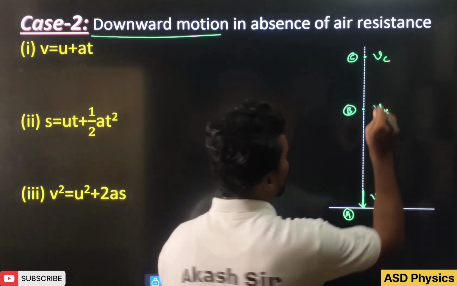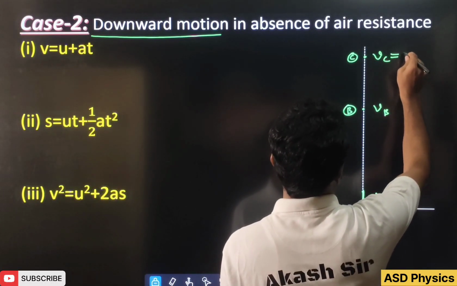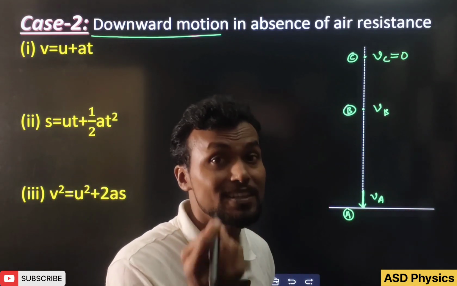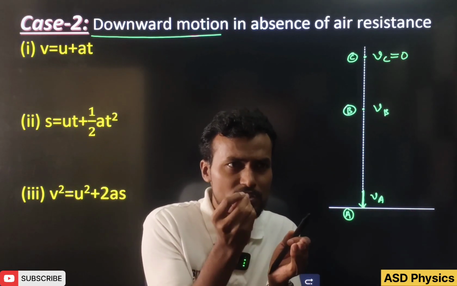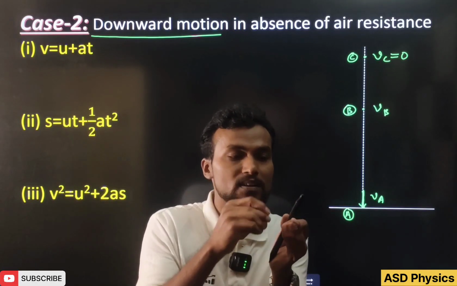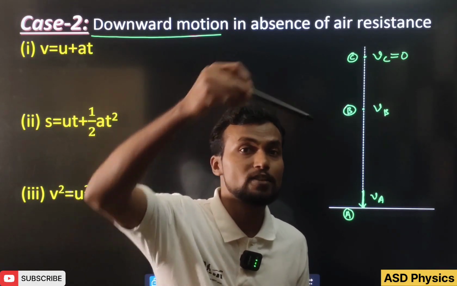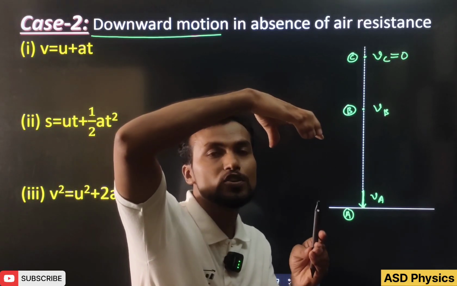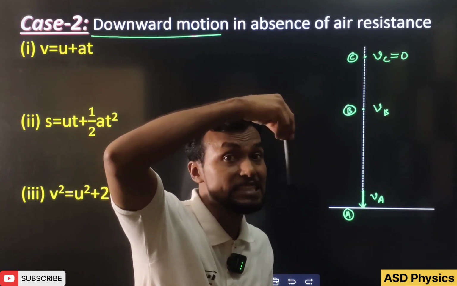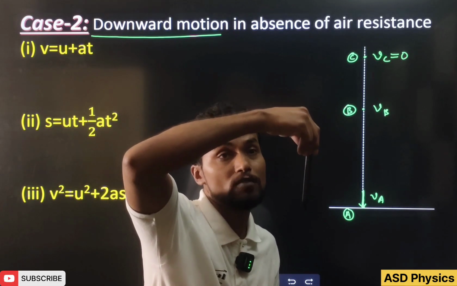So remember, when the particle is going to be dropped from the building, the particle will get the velocity of the object.